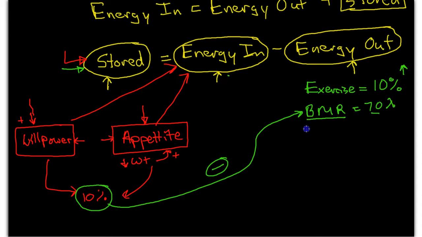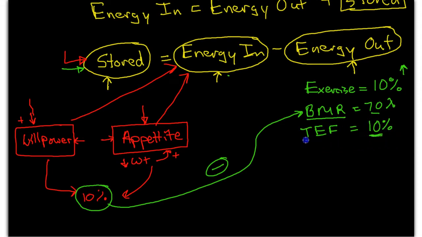So what else is there? Well, there's something called the thermic energy of food. And this is basically the amount of energy that we use to digest, absorb, and metabolize the foods that we eat. Okay, so again, it's not something that we have conscious control over. In fact, the more food that we eat, the more thermic energy of food we have.